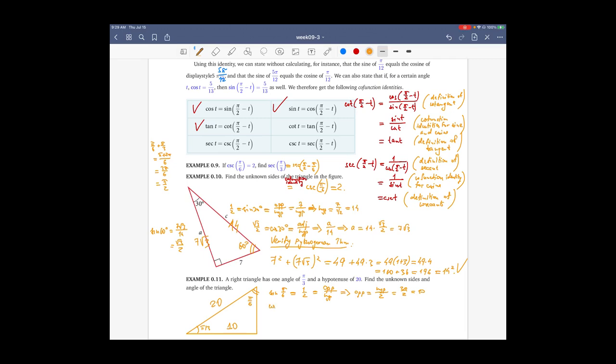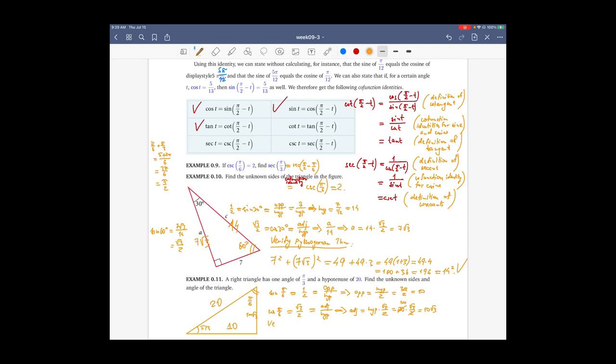Say cosine of pi over 6 on the one hand is root 3 over 2. On the other hand is adjacent leg over hypotenuse. So the adjacent leg is hypotenuse times root 3 over 2. In our situation, hypotenuse is 20. And so the adjacent leg is 10 roots of 3.